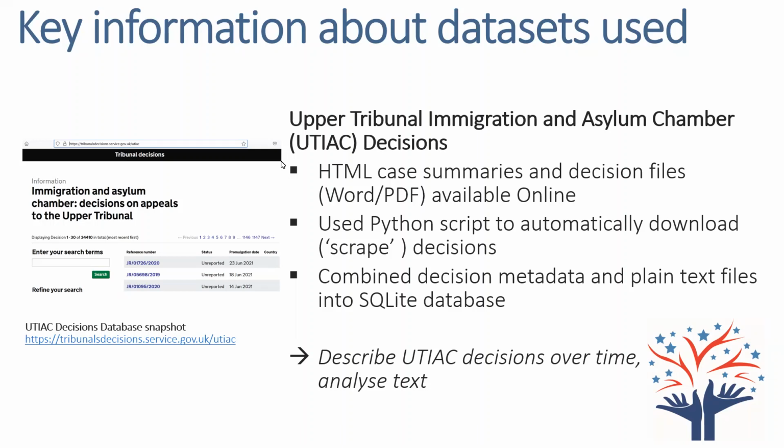And I combined all of these into a database for further analysis. Now, the aim of this is to provide an opportunity to describe the UTIC decisions over time and to analyze the text of the decisions, which in my project is with a particular focus on the outcomes of appeal decisions and whether the first instance judicial decision was upheld or overturned.